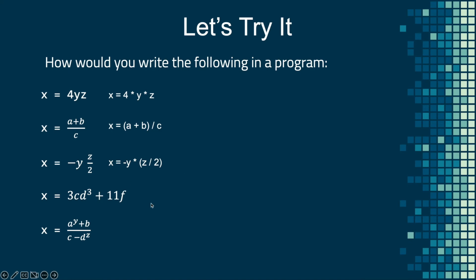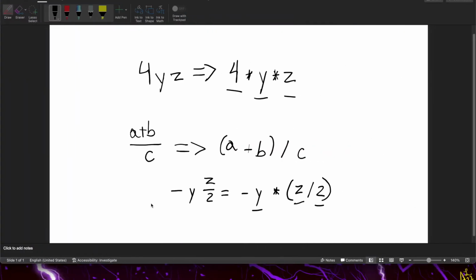If we go down here, we have 3cd to the third plus 11f. Let's break this down. We'll do this first side first: 3 times c times d star star 3.